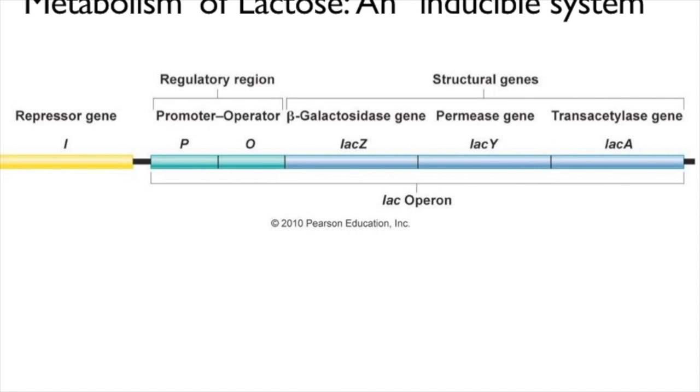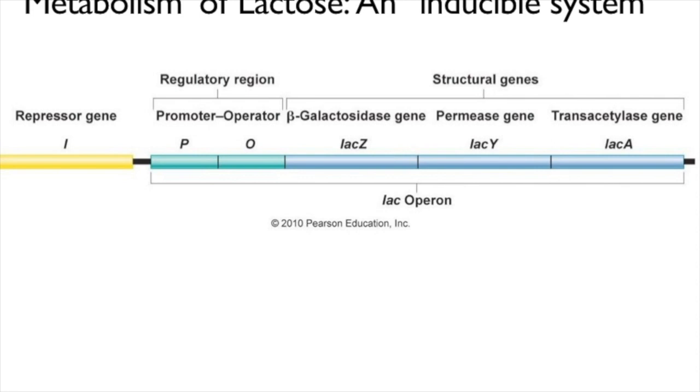Now, the purpose of these three gene products, the proteins that are produced, beta-gal, permease, and transacetylase: I've already shown you what beta-gal does. It breaks lactose into galactose and glucose. Permease allows that lactose to permeate the cell, to come into the cell so they can break it down and utilize it, right?